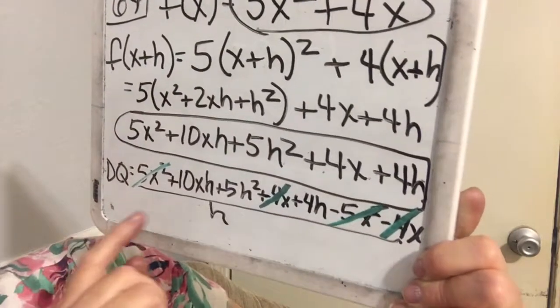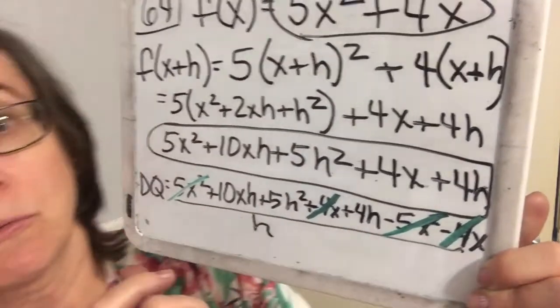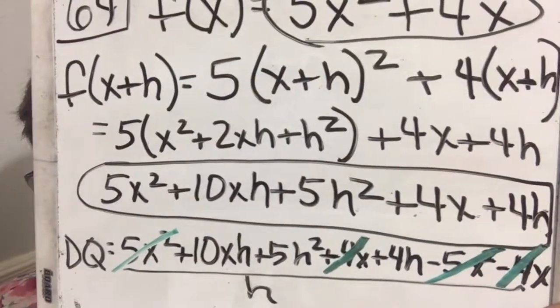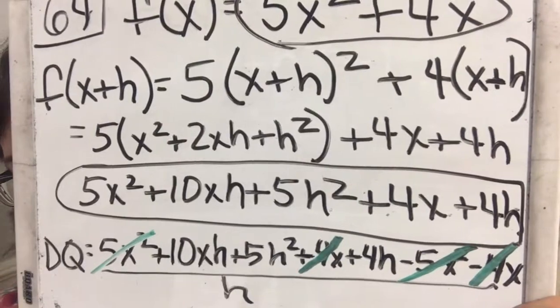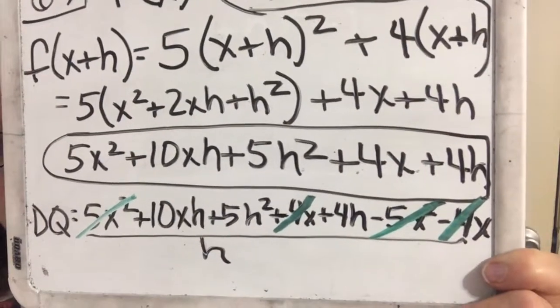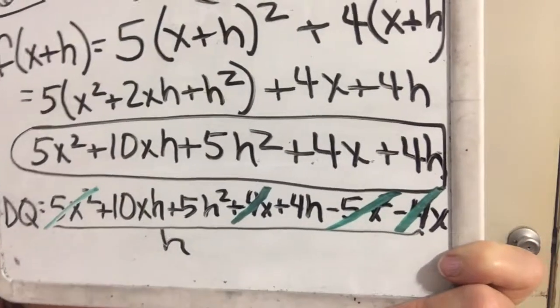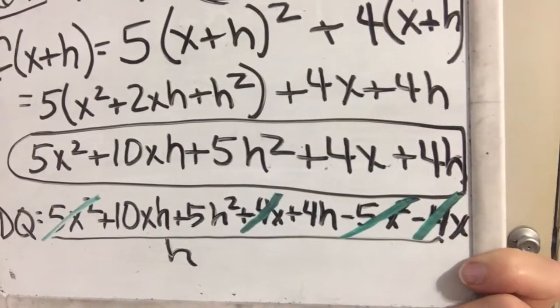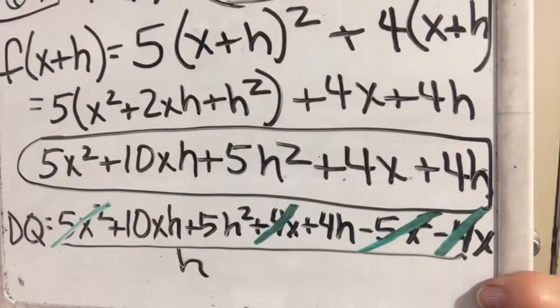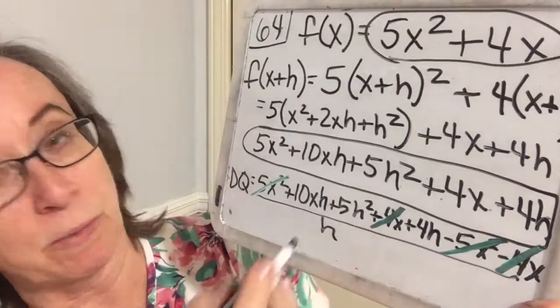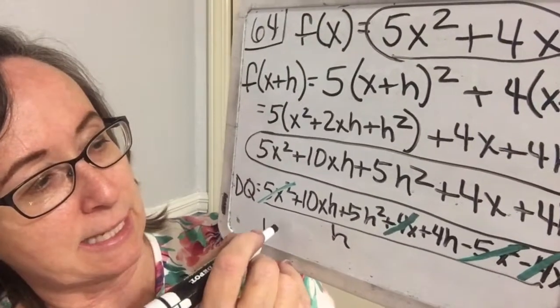So it turned into 1, 2, 3 terms left, and now I have to divide each one of those terms by the h. So it's not as bad as it had previously looked, because quite a bit of it canceled out. So I'm left with a 10xh, but when I divide by h, I'll get a 10x.